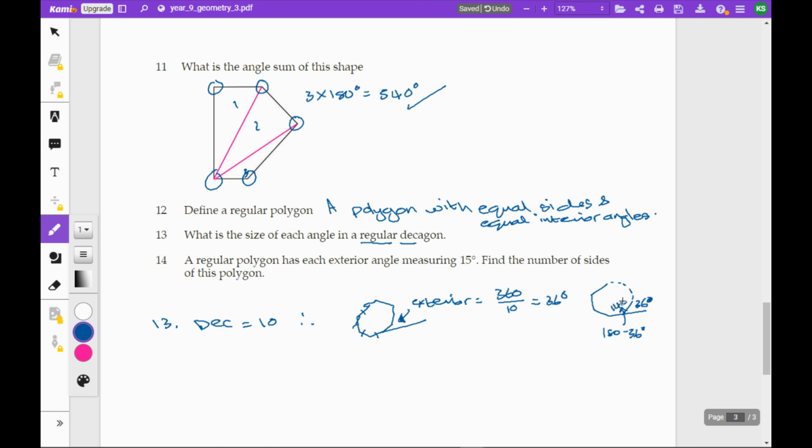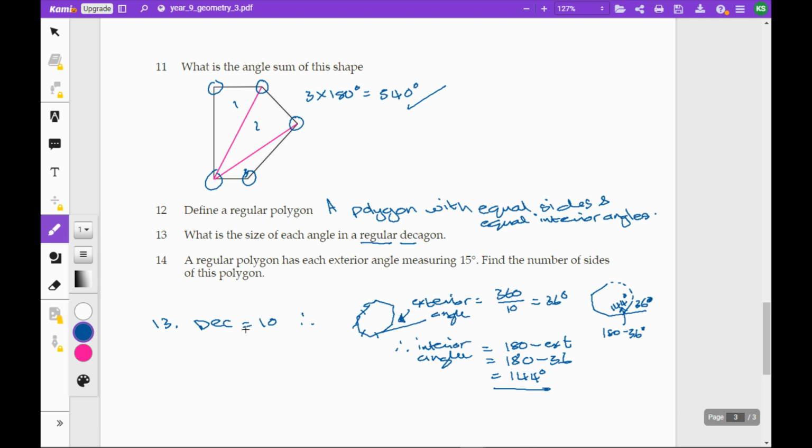So this angle here will be 144 degrees. So the exterior angle comes to 36 degrees, so therefore the interior angle will be equal to 180 minus the exterior angle, and that's equal to 180 minus 36, which is 144 degrees.